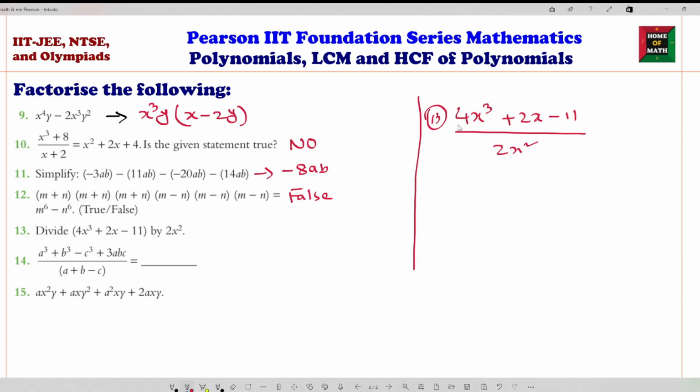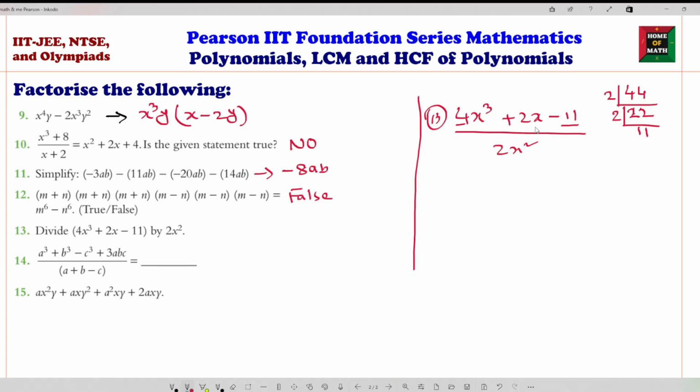Look, here is 4, the coefficient of x cube, and here the constant 11, so it will become 44. 11 times 4 is 44. So this one, once we divide by 2, here is 22. Again divide by 2, here is 11, right?